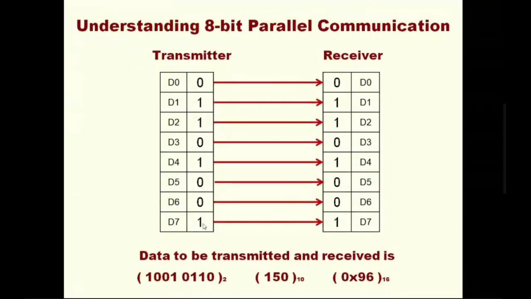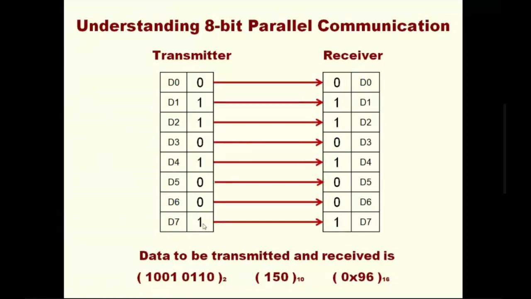So the only place where parallel data transfer is taking place today is between the random access memory and the processor in the motherboard, which uses a communication protocol called PCI, peripheral component interconnect.